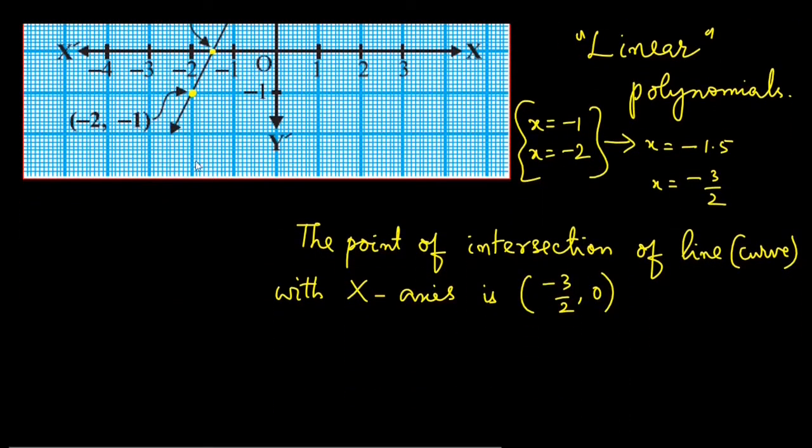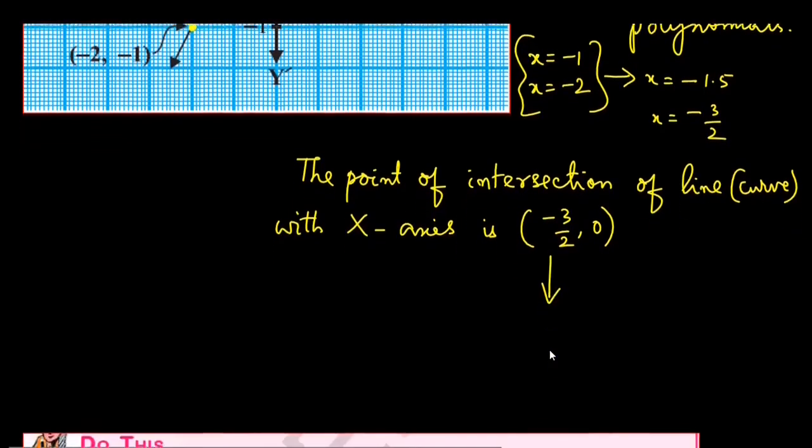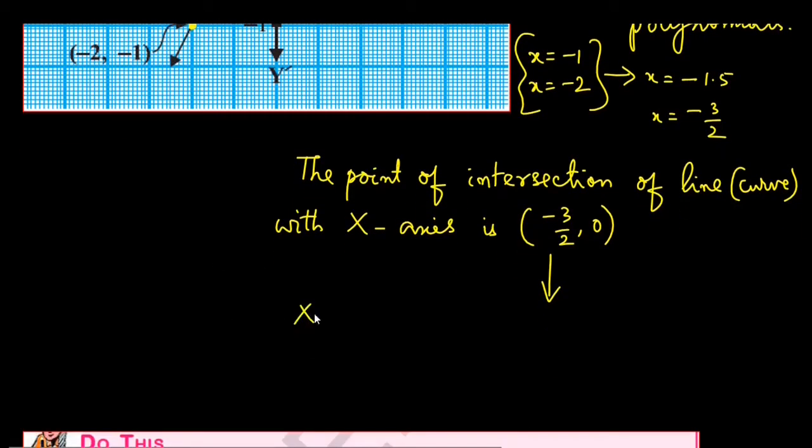So we are taking the point of intersection of the line in this case, or it may be any curve for higher degree polynomials, with the x-axis, and the x-coordinate of this intersection point.